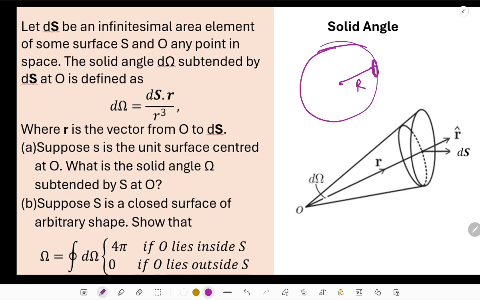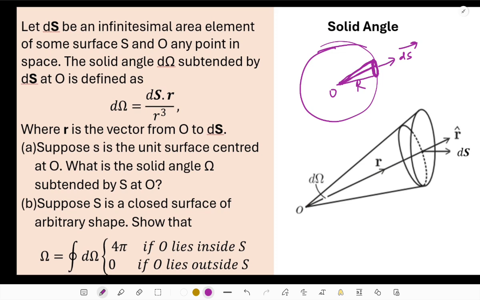Since bodies are perpendicular to this radius, because these are infinitesimally small, these bodies are basically creating a cone at point 2, a right circular cone, and its base is perpendicular to the radius, so that you can write the ds vector either in the direction of outward normal or inward normal.